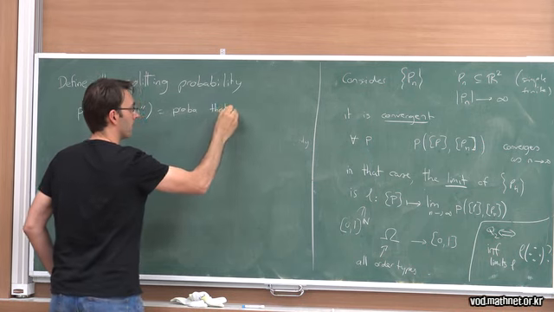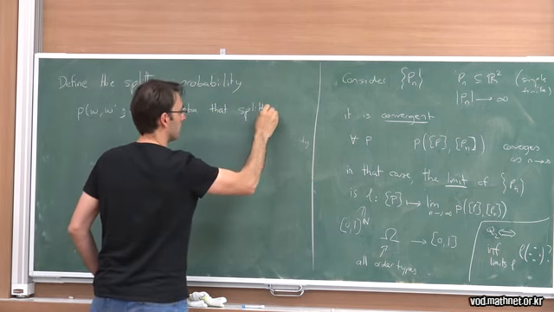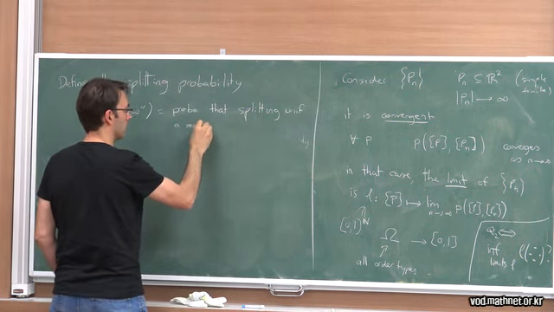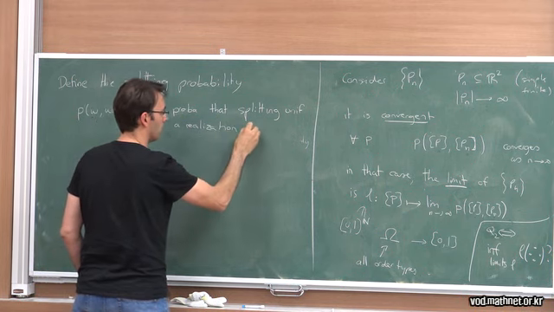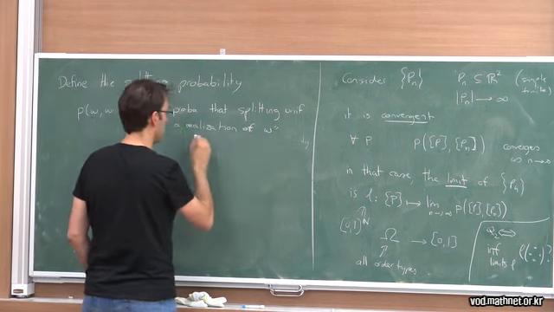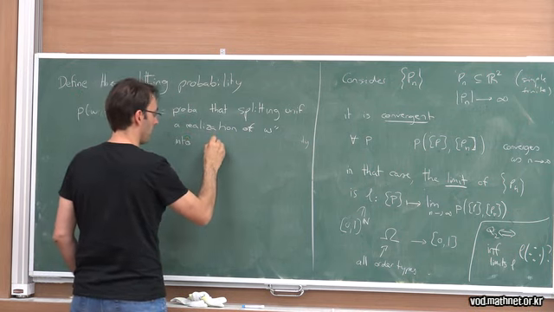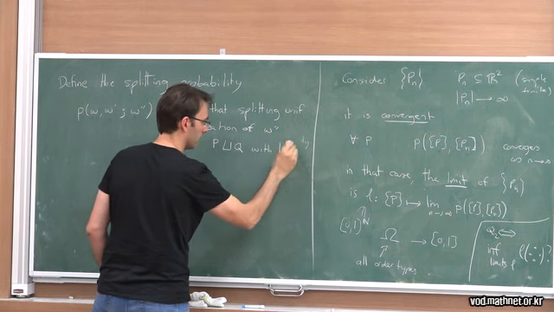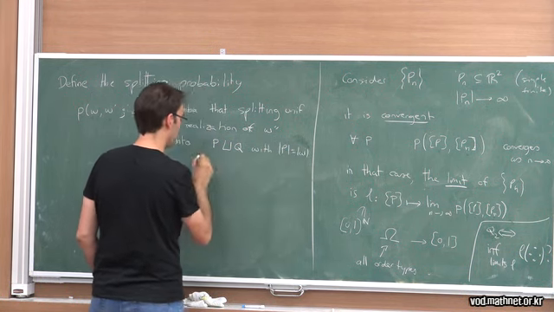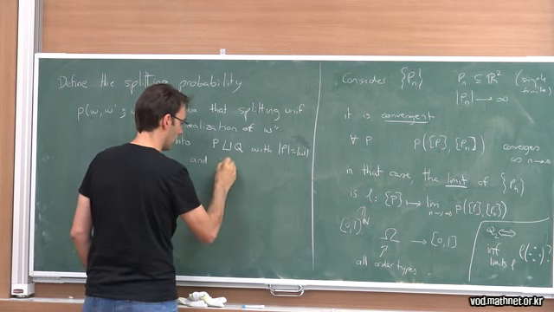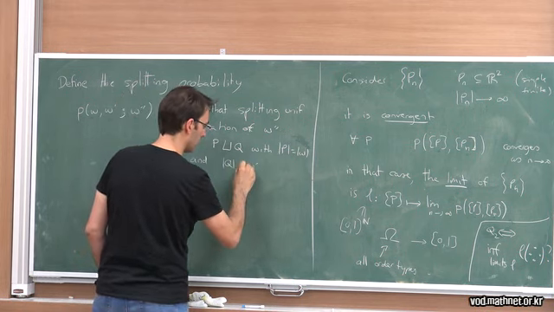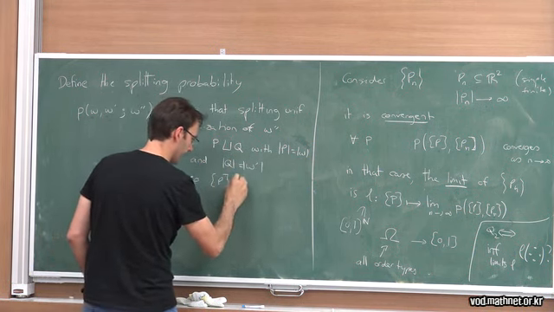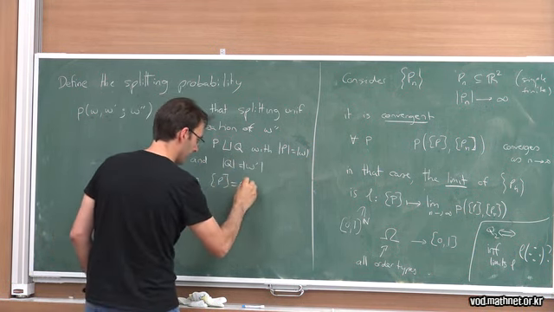Okay, this is the probability that splitting uniformly a realization of omega second into P and Q, with P of size omega and Q of size omega prime, gives omega and omega prime.